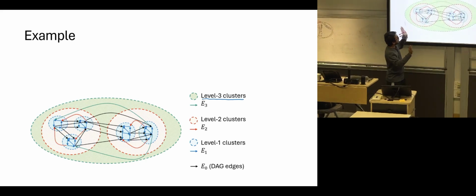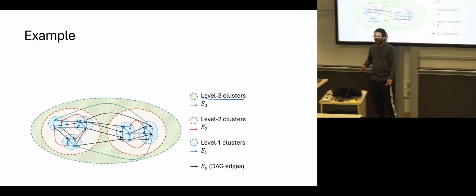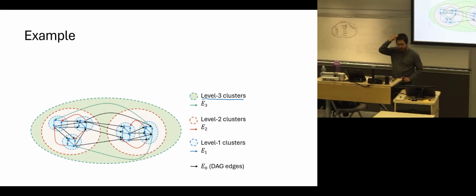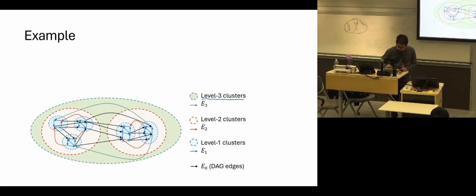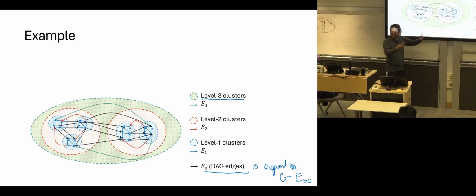But you don't just have that. You have some other edges that are not really expanding, like the black edges here, the dark edges. And you see that these dark edges are expanding in G minus E more than 0, when you remove all the colored edges.